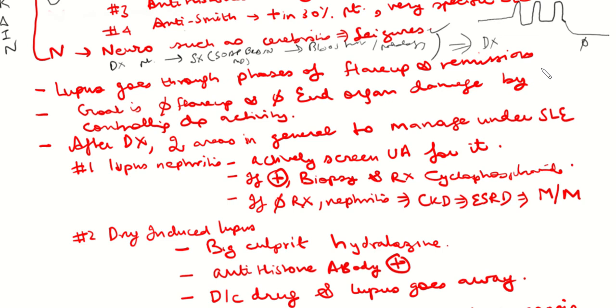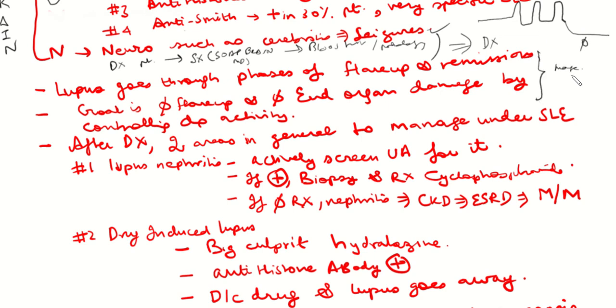So that's sort of what we try to do. And this low inflammation means low disease activity will lead to less organ damage, and again flares would also lead to less organ damage and high quality of life. So that's sort of our goal with these patients. Okay, and that's how we manage them.